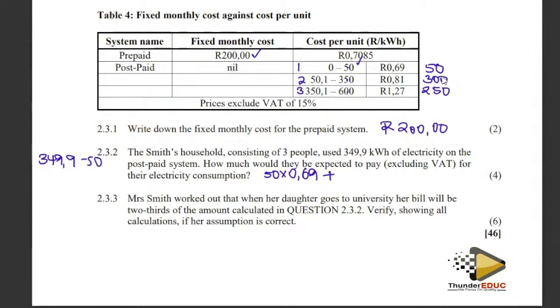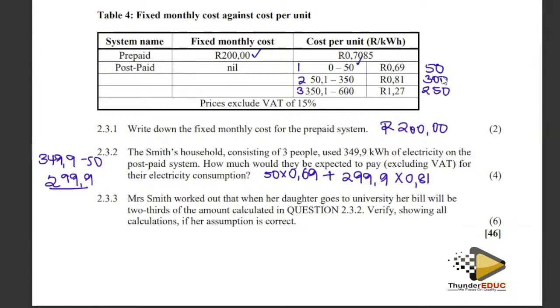This gives you 299.9 units, which go to bracket number 2. So we shall say 299.9 times, how much is each? It's 80 cents.